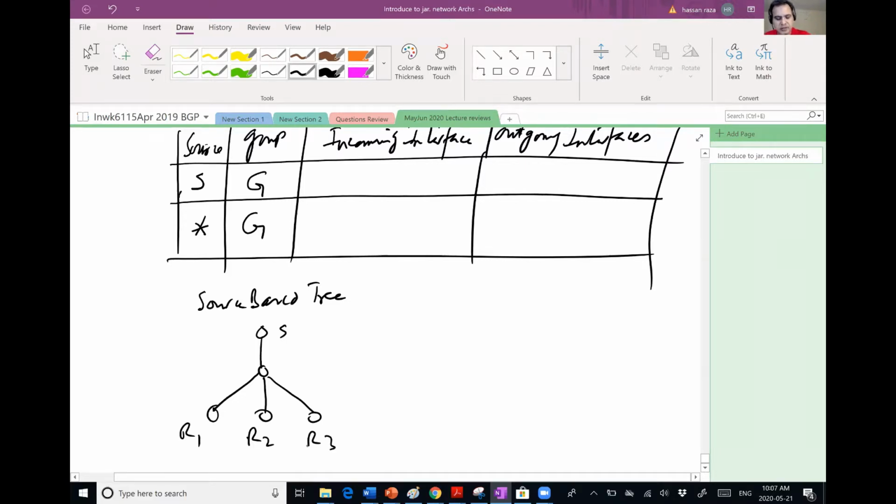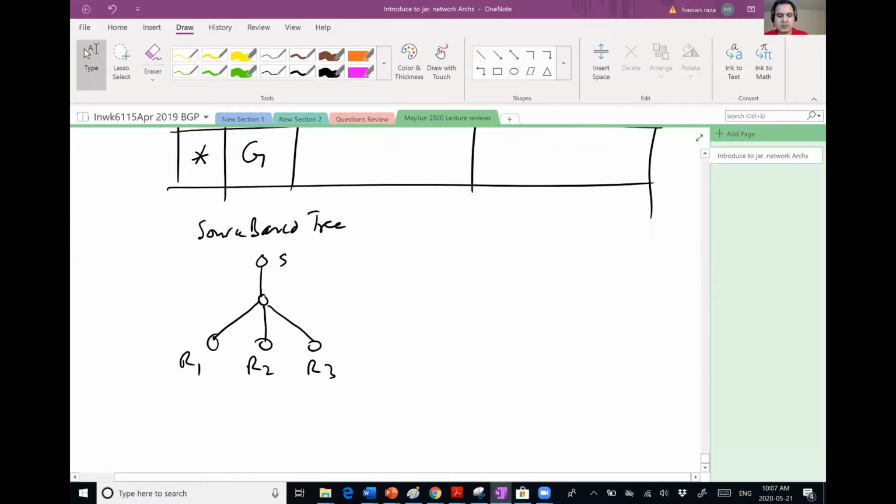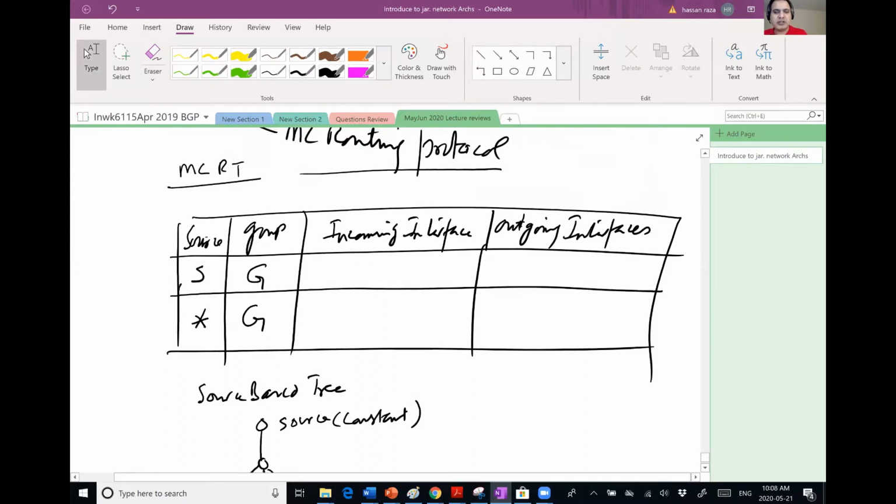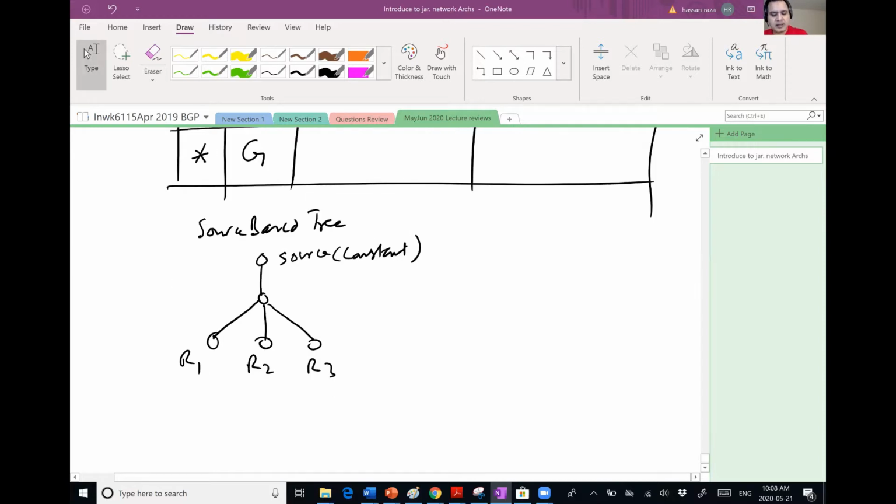These receivers always stay receivers, and this is always the source. So the source does not change, it's constant. Then when I'm making a table, I will put the IP address of that source, and every member of the group will have the same IP multicast address. That's how they become a group.